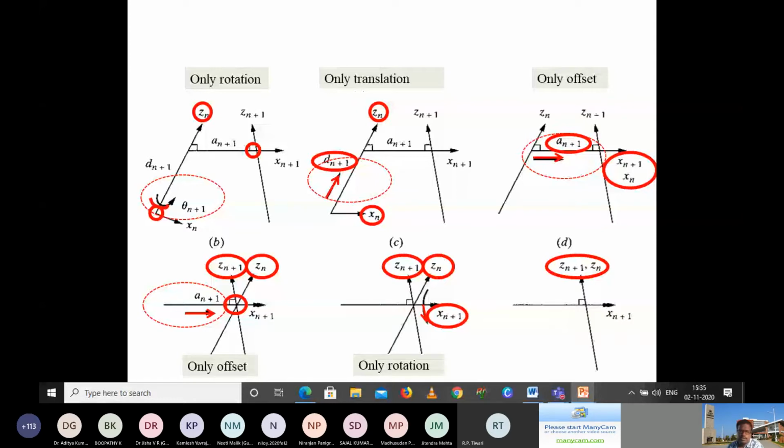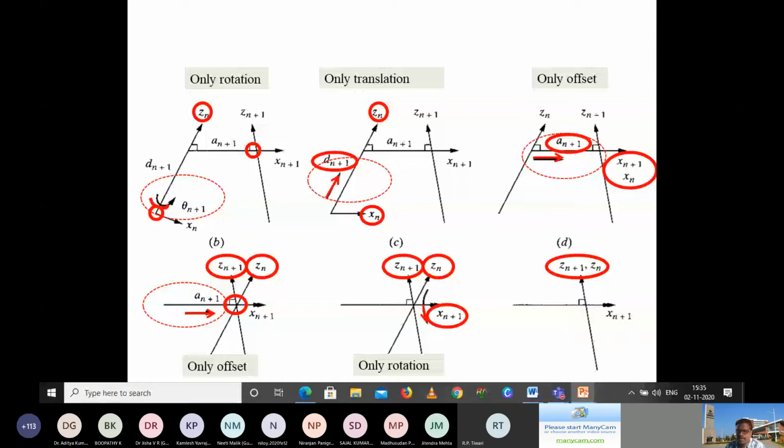I think so. The first one is we are aligning Xn axis with Xn plus 1 axis. That is only rotation taking place about Zn axis, that is theta n plus 1. Second one, only translation is taking place. That is Xn is aligned with Xn plus 1 axis. The translation is taking place along Zn axis, that is dn plus 1.